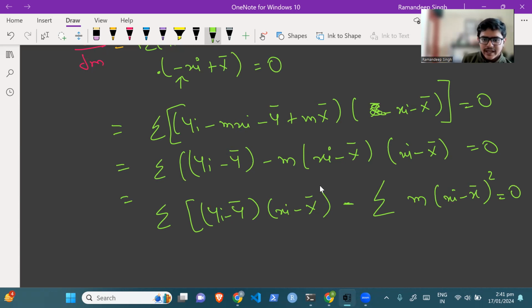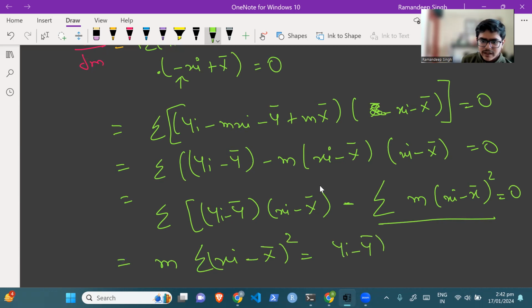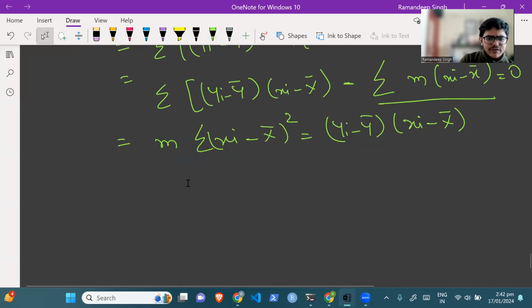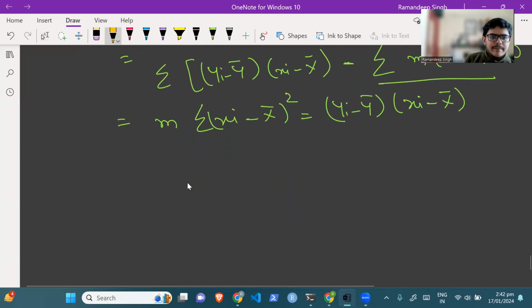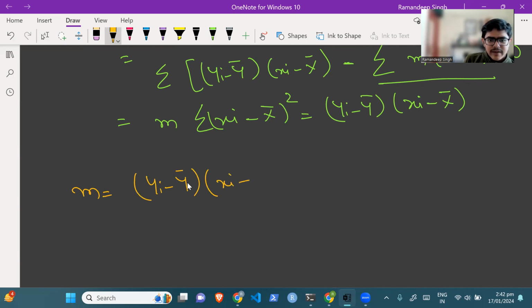So I can take m out and send this term to the RHS. This will be equal to m summation xi minus x bar whole square is equal to summation yi minus y bar into xi minus x bar. And from here, I will get my m. That is the slope equals summation yi minus y bar into xi minus x bar, divided by summation xi minus x bar whole square. And this is my result.